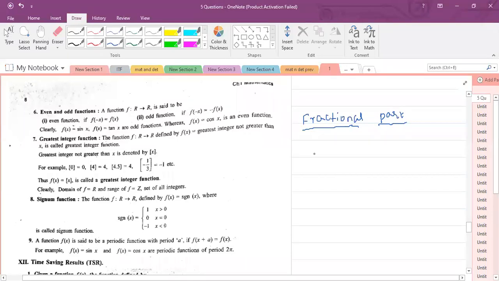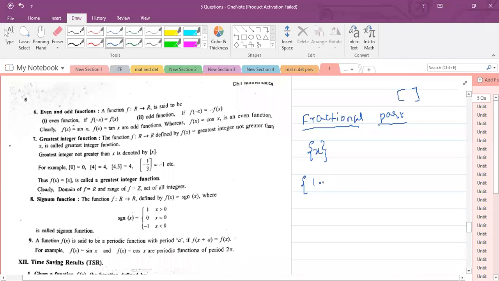As you denote the greatest integer by a particular symbol, the fractional part is denoted by this particular symbol. So if this is x, this is the fractional part of x. Fractional part is very simple.